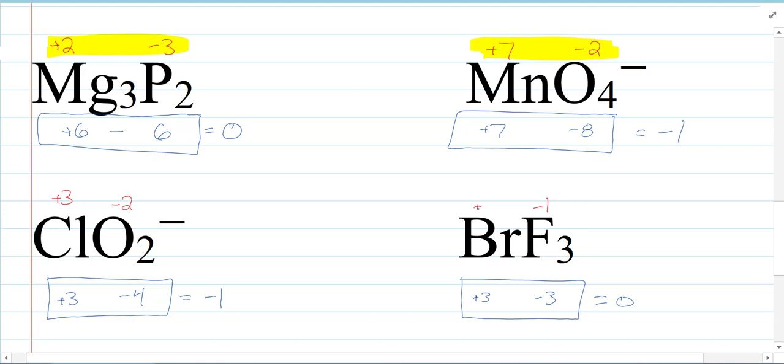But wait a second. I thought bromine, chlorine, iodine were -1. They are, unless they're paired with F or O. This is a pairing with F. Fluorine's going to take its electrons first, then bromine gets to come to the table. It's kind of like if you're eating steak. Imagine you're in the backyard eating steak, right?